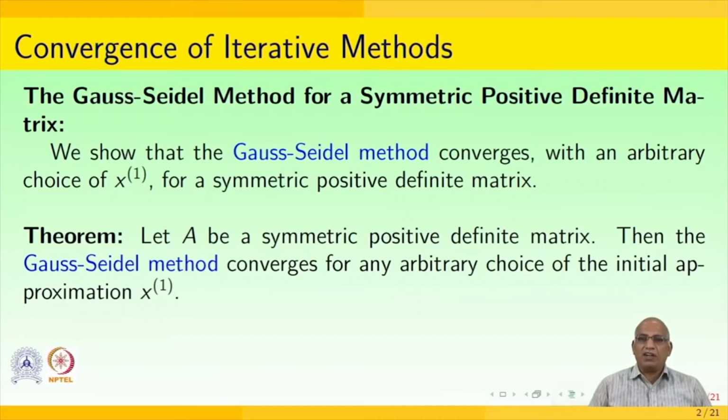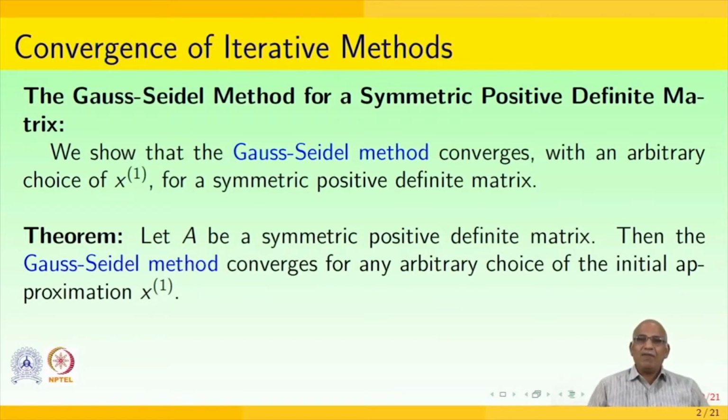The Gauss-Seidel method for a symmetric positive definite matrix: we show that the Gauss-Seidel method converges with an arbitrary choice of x1 for a symmetric positive definite matrix. So if the matrix is symmetric positive definite, then it converges for any arbitrary choice.